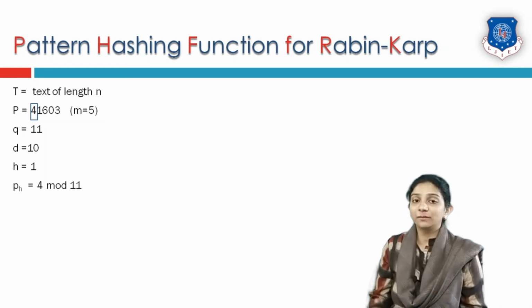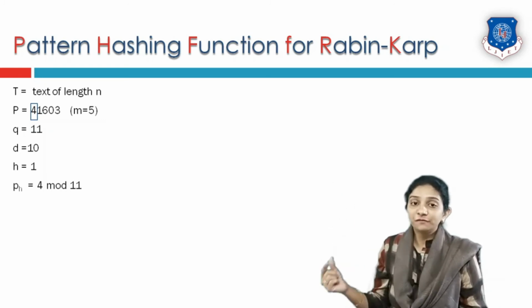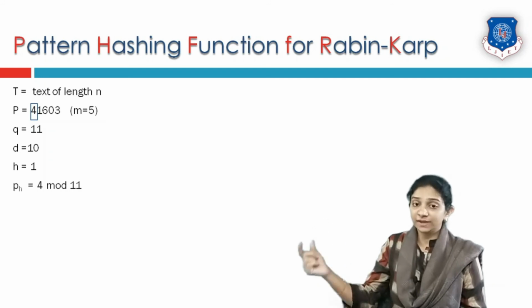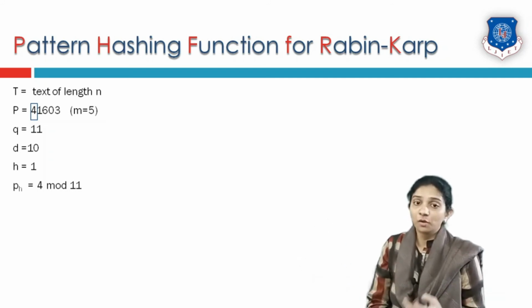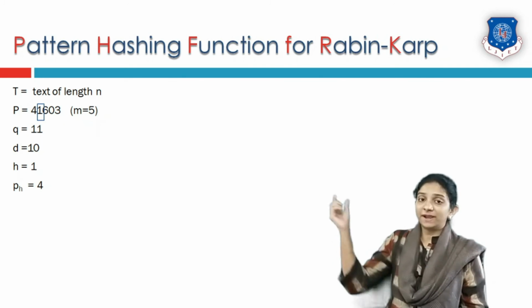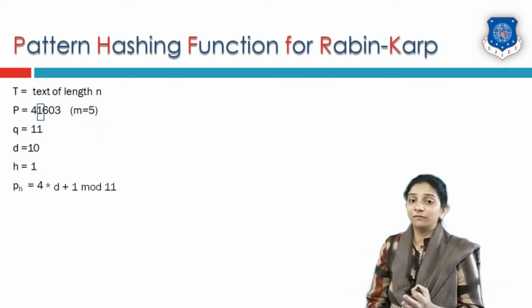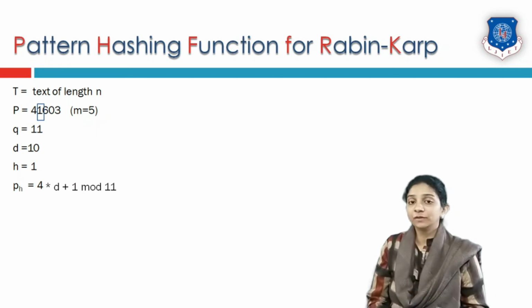So let us start with 4 mod 11. I will take only one digit, the MSB, the most significant digit, which is 4 modulo 11. If I divide 4 by 11, the remainder will be 4 itself. There will be no change, so I am writing that value again. The next digit in the pattern is 1. So I will multiply 4 with D and add the next digit, 1.